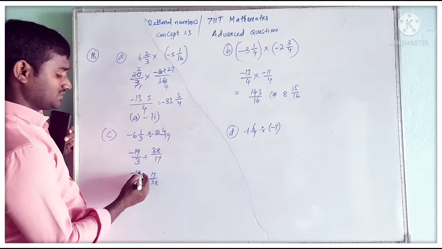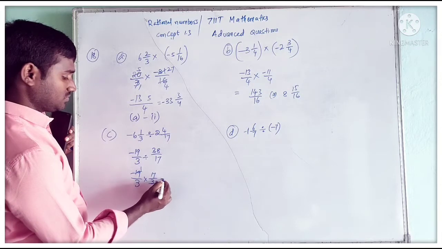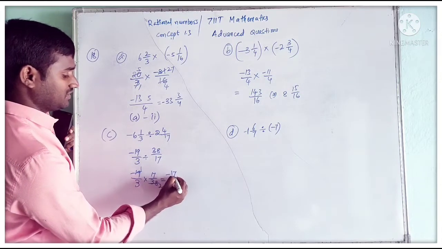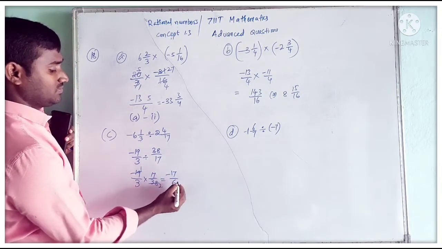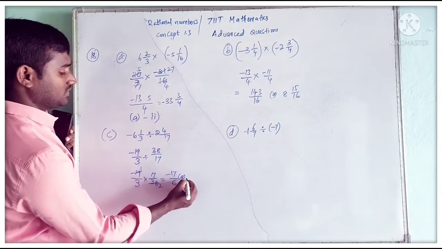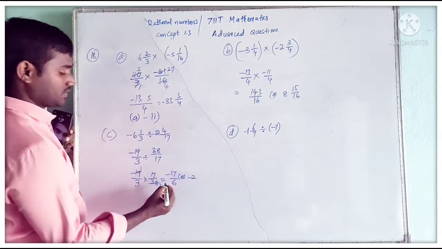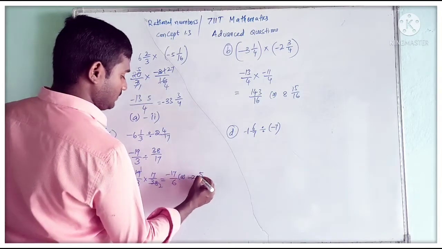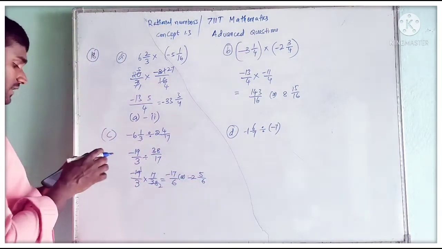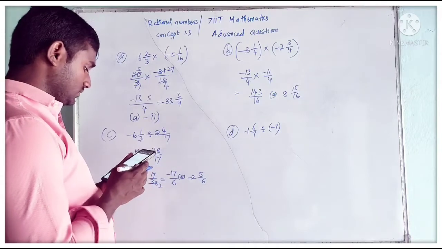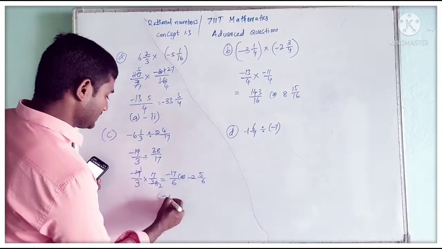Is there any cancellation? 19 ones are 19, 19 twos are 38. So minus 17 by 6. As a mixed fraction, that is minus 2 5 by 6. So for option C, the correct answer is 4.